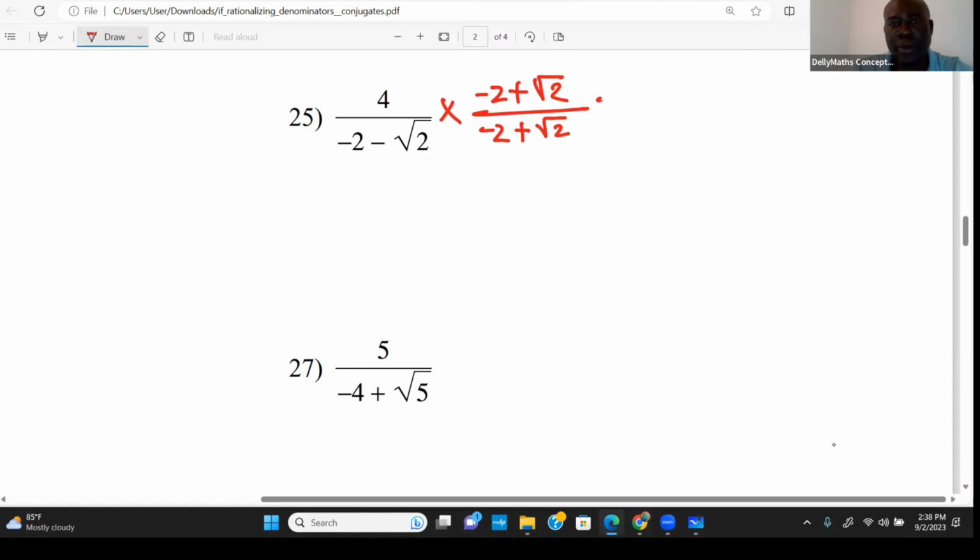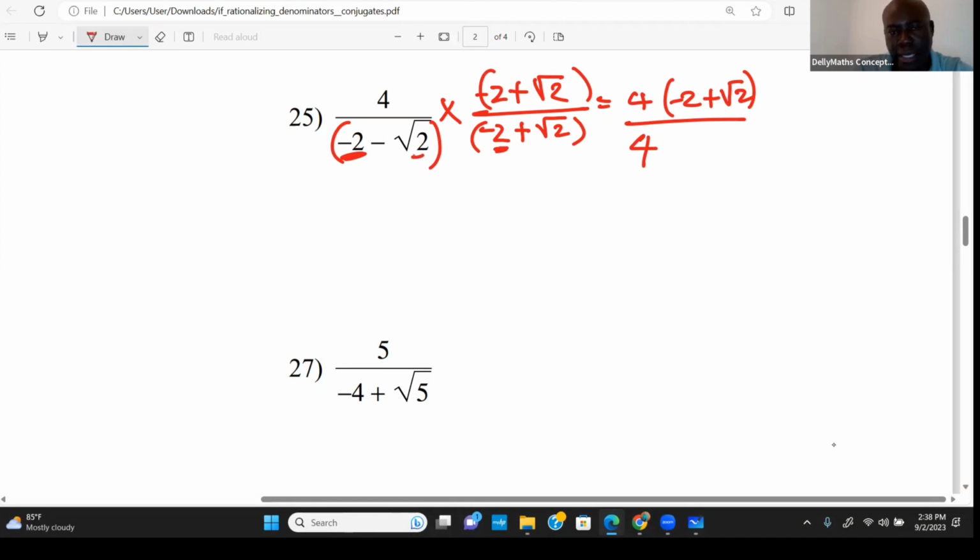Let us take a look at the top part, right? So 4 on the outside will be multiplied by negative 2 plus the square root of 2. Underneath, I'm going to have negative 2 times negative 2. That's going to give me a 4.